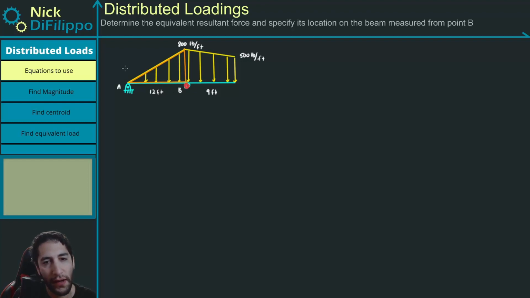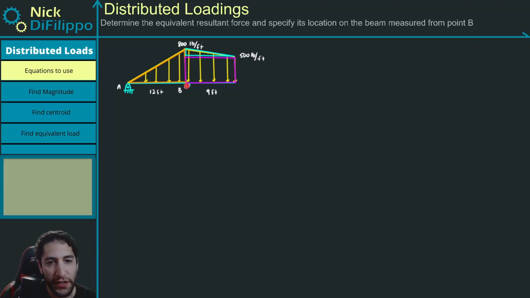I can look at a rectangle that's right over here. And I can look at a triangle that's on top, like this.